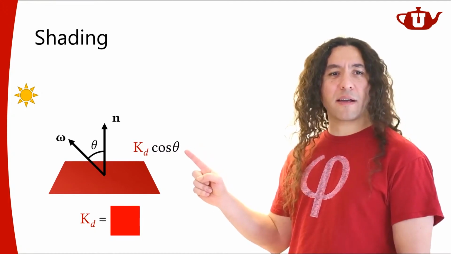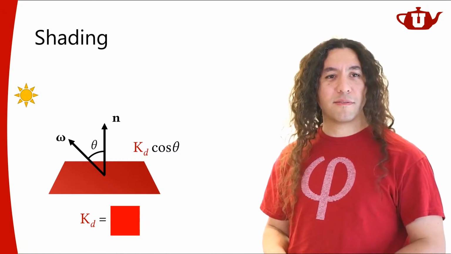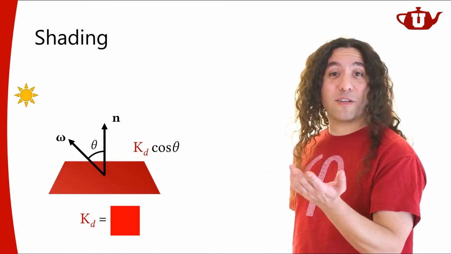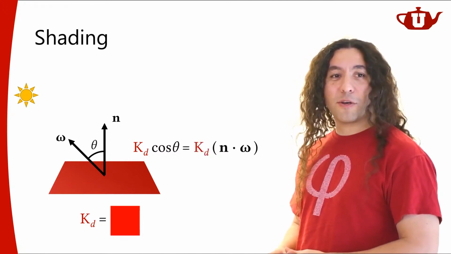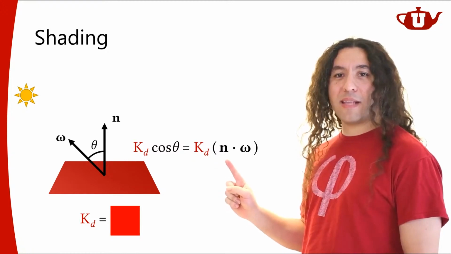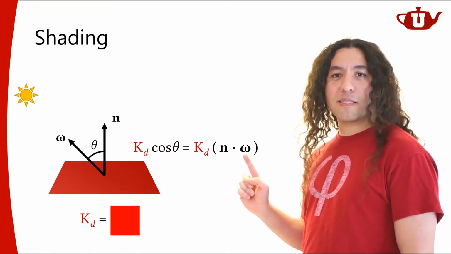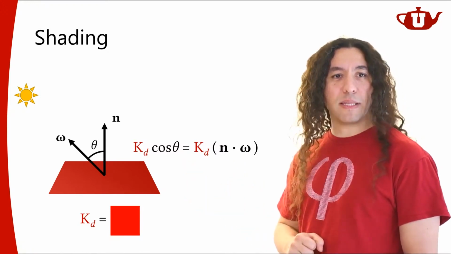Can you compute the cosine of the angle between two vectors? Very, very easy, especially if these are unit vectors. Yes, exactly. That's going to be the dot product. So the dot product of n and w, the order does not matter because it's a dot product. This is going to give us cosine theta, the cosine of the angle between them.